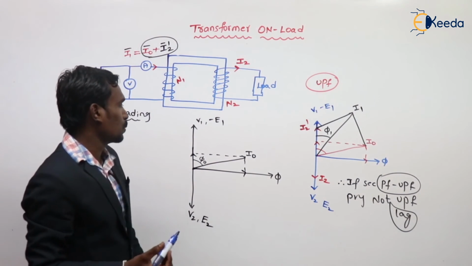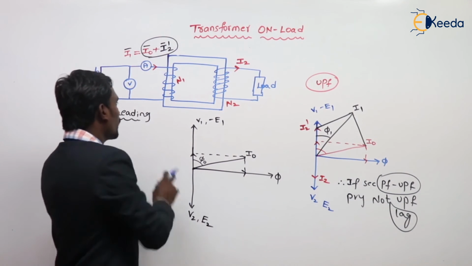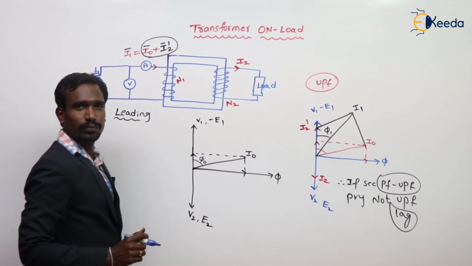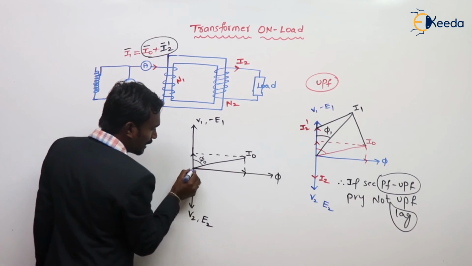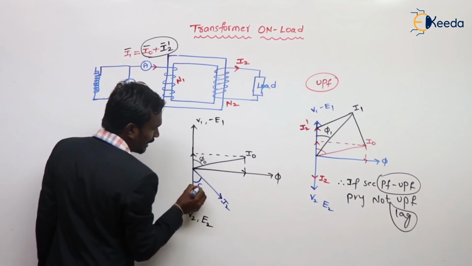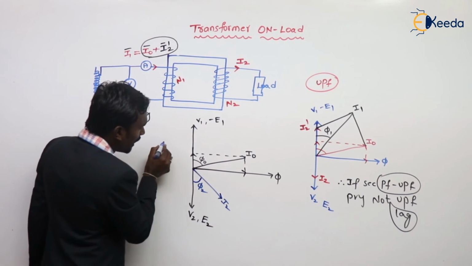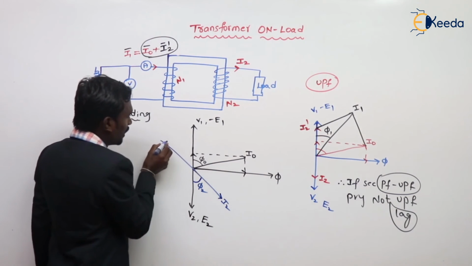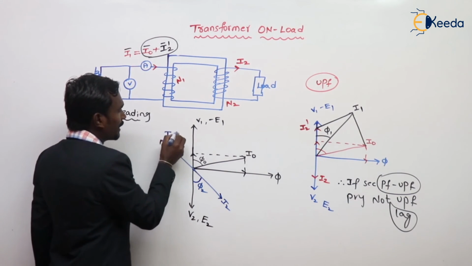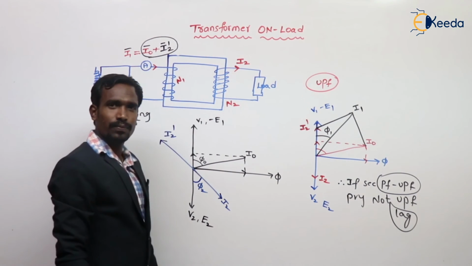Now see here. What is this? Leading load. The current is leading E2 and this angle is phi 2. I want phi 2 dash, right? So this is phi 2 dash, exactly opposite direction, I2 and I2 dash.